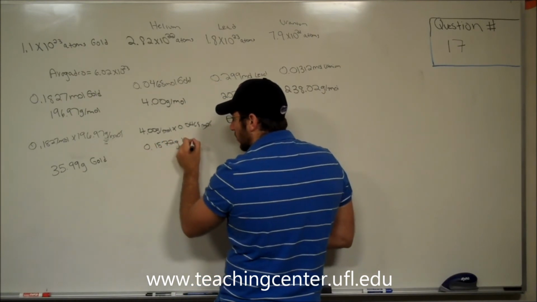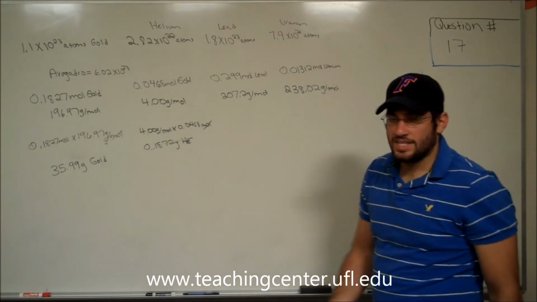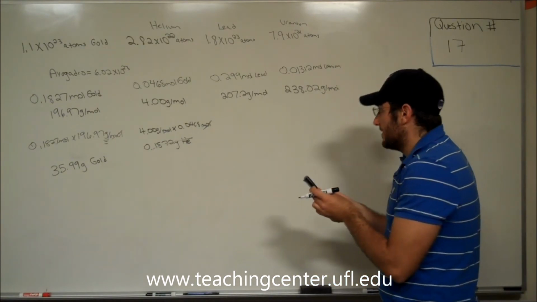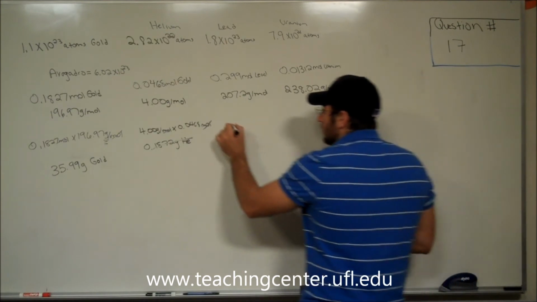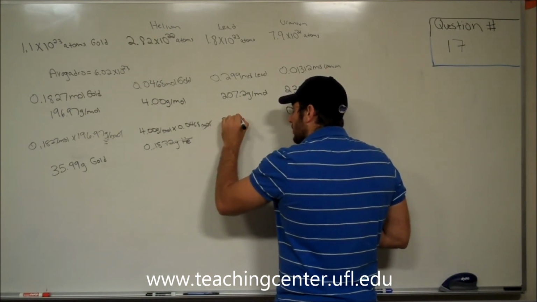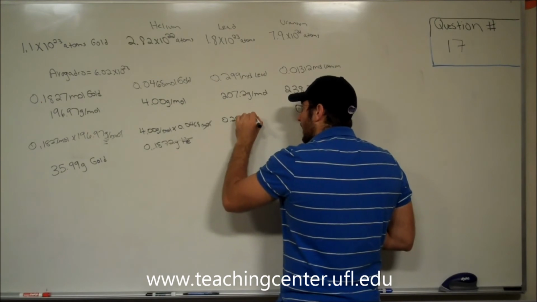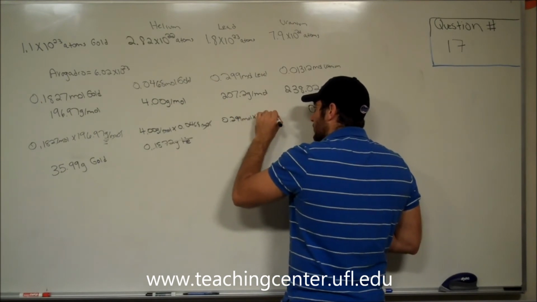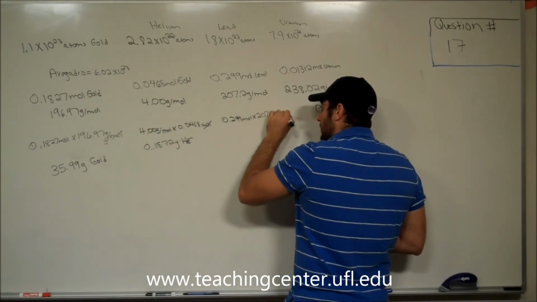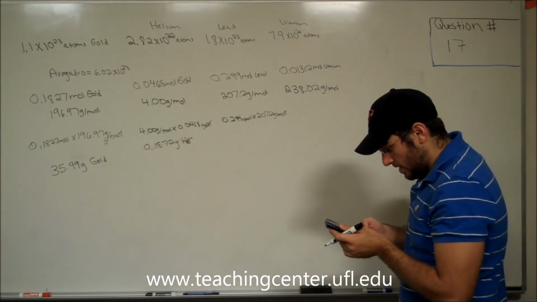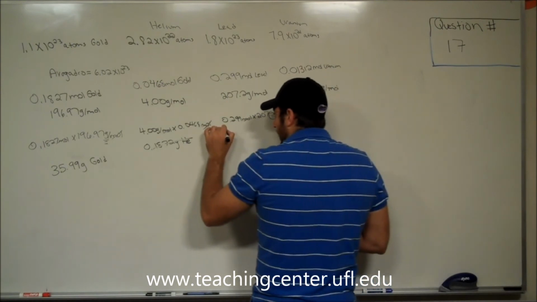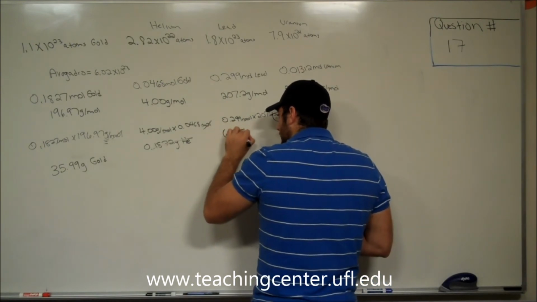So we already know that gold has more grams than helium, so we can get rid of helium as an answer choice. Next, 0.299 times 207.2 grams per mole gives us 61.95 grams of lead.